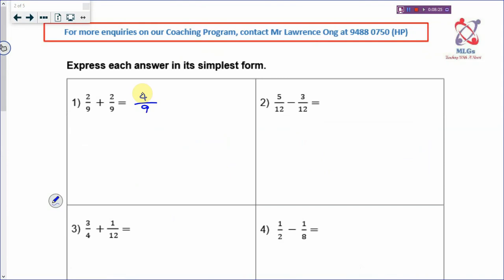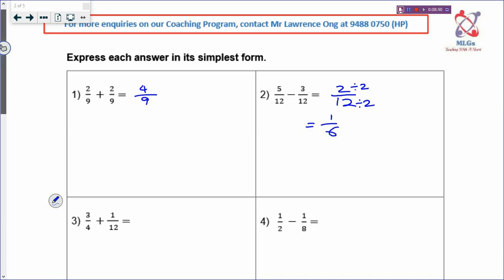Same thing for subtraction. You just have to make sure the denominators are the same. So 5 minus 3, you will get 2 over 12. Can I simplify the fraction? Yes. I divide the numerator by 2, and the denominator I can also divide by 2, and I will get 1 over 6. That is the simplest form.